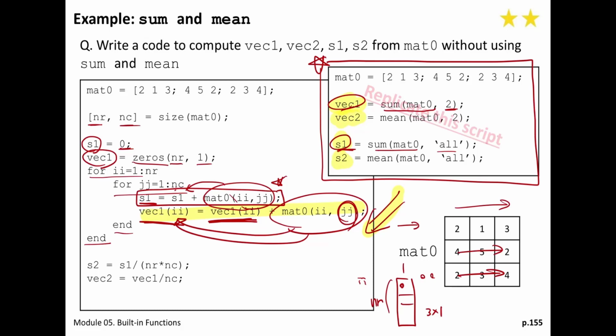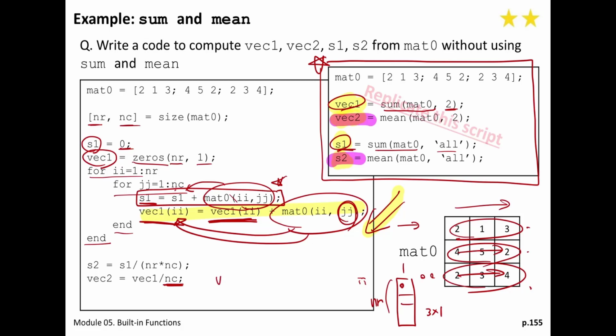And now, how can we find the mean value? This is the mean value, this one. The mean is just dividing by the number of columns, right? We are adding this value and this value, so for the mean of each row we just divide by nc, the number of columns.